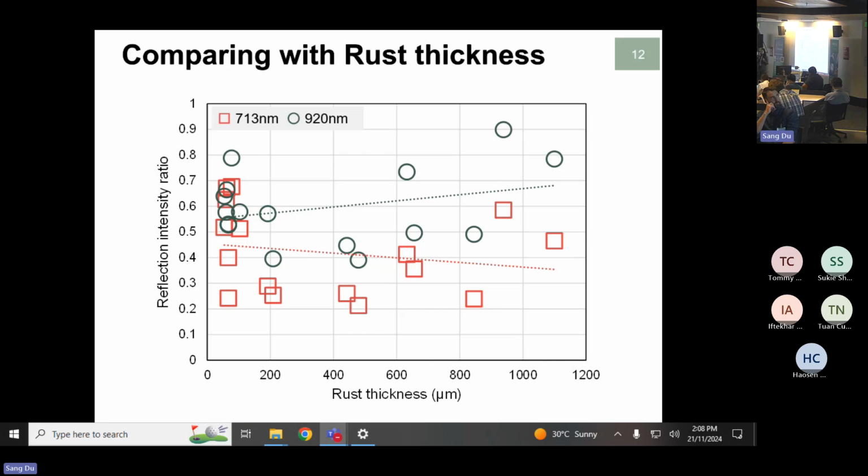This one shows the comparison result. I took multispectral images in 4 areas, and I got 16 points of results. As we can see, there is no trend, I think.